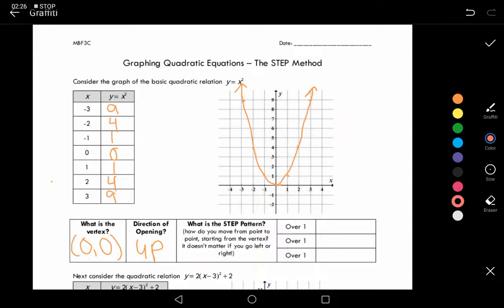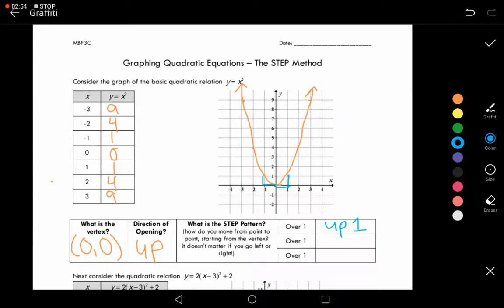Okay, so if I go over 1 and up 1, I get to my next point, right? See how that kind of simulates a step? So over 1, up 1. And if I do that the other way too, over 1, up 1, you can see why it doesn't matter if we go left or right.